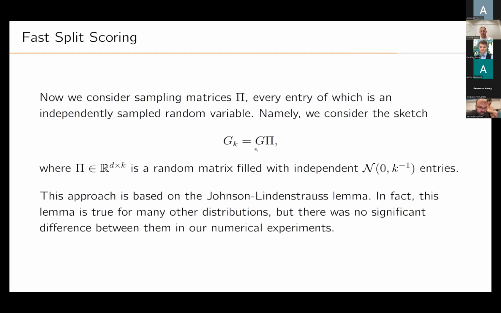So in a sense, this means that in GK each column is going to be a weighted sum of columns of G. This idea goes back to random projections and their properties, to the Johnson-Lindenstrauss lemma.